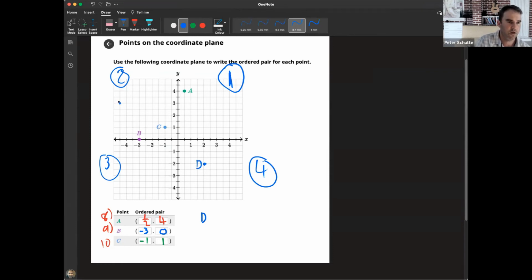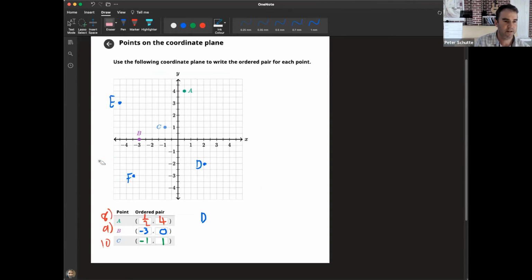I'm going to give you one up here, which is going to be E. And I'm going to do one over here, which is going to be F. And I'm going to get rid of some of my messiness. So please write down the coordinates for D, E, and F. And then we'll see how well we can read things off the Cartesian plane.